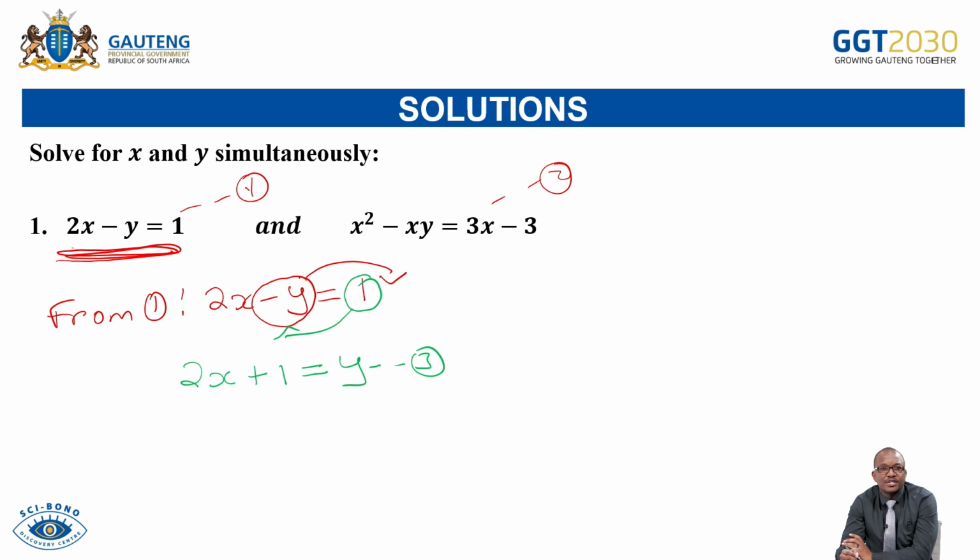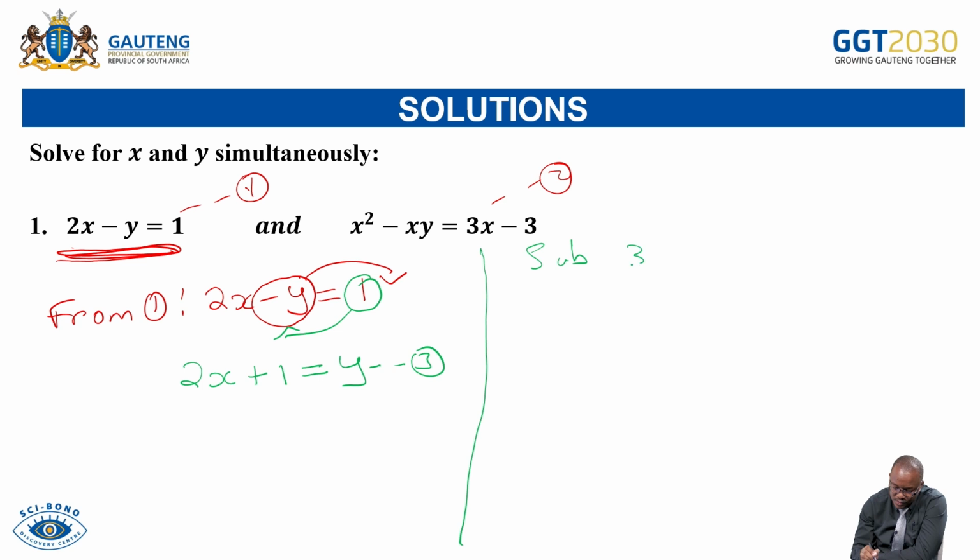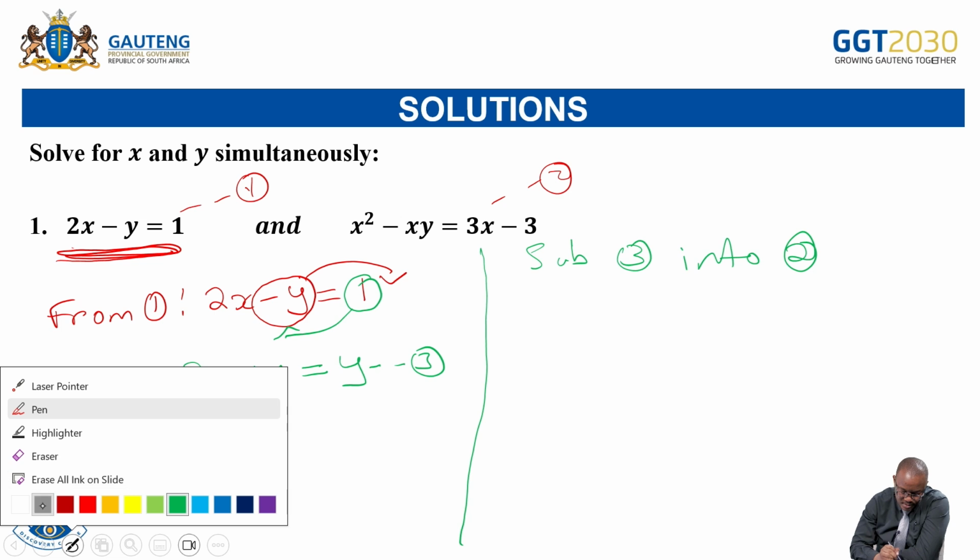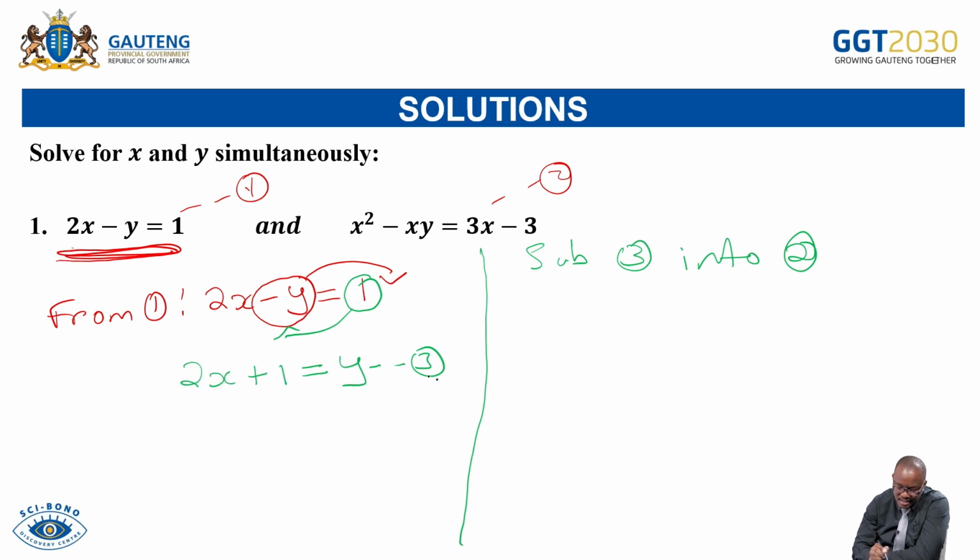You call it equation number 3 like that, because y is now positive. Then what do we do now? We say, okay, if that is the case, then you're going to sub equation 3 into equation 2. Remember, you can't sub equation 3 into equation 1, because equation 3 and equation 1 are the same. We just rearranged the equation there. So what does it mean?